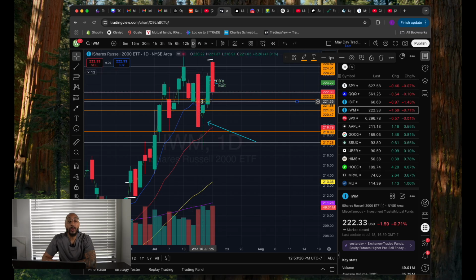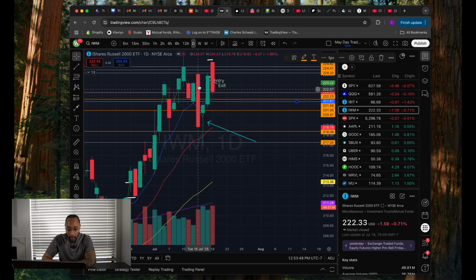If it gets above 221.35, then it could break out and it could go up. Why? Because there is no resistance right here from 2 days ago, right? And look what happened. It blasted off and it went all the way up here. You get what I'm saying? That's another breakout.